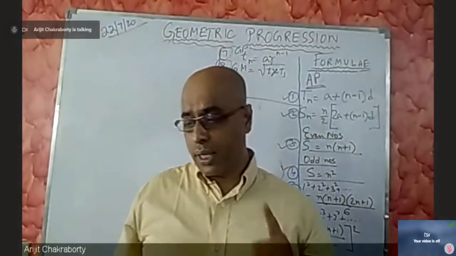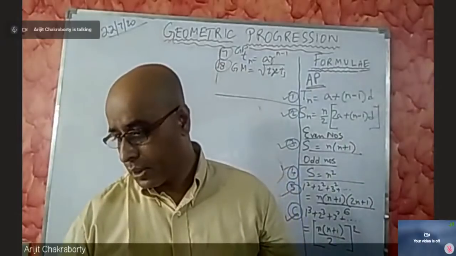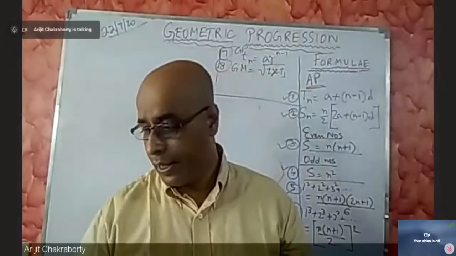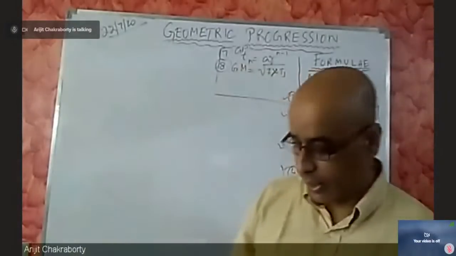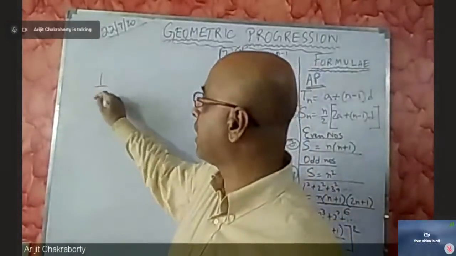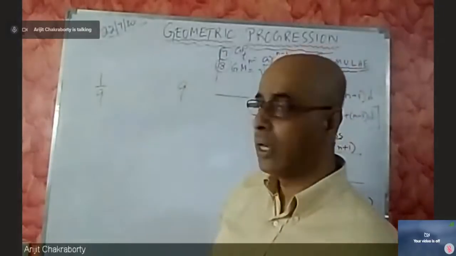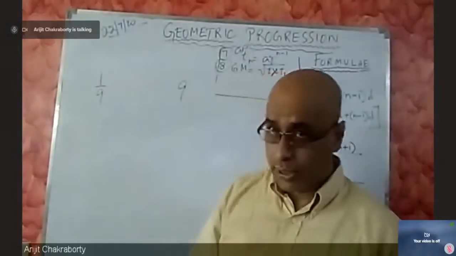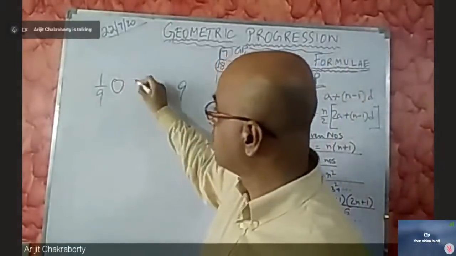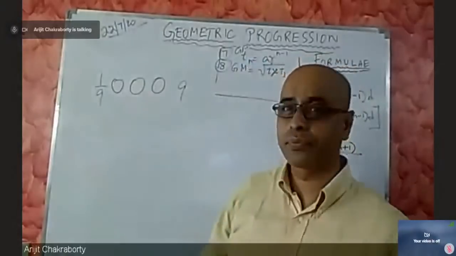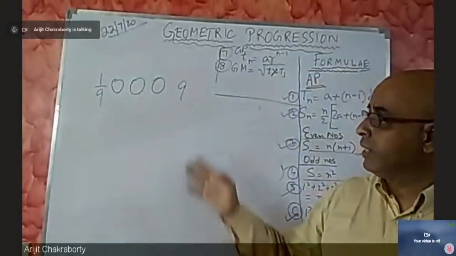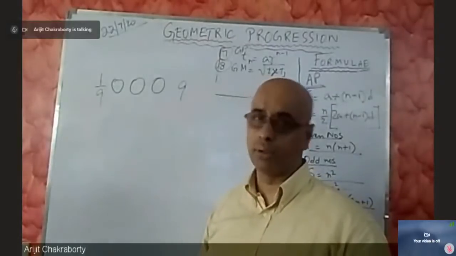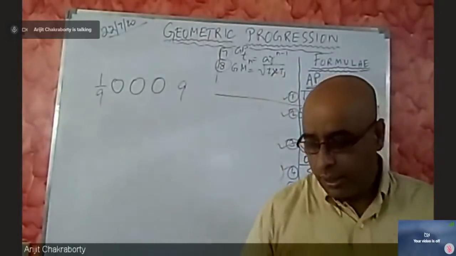We have to insert 3 geometric means between 1 by 9 and 9. So you have 1 by 9 and 9 here, and you have to insert 3 geometric means, so it will be 1 here, 2 here and 3 here. How do you do it?